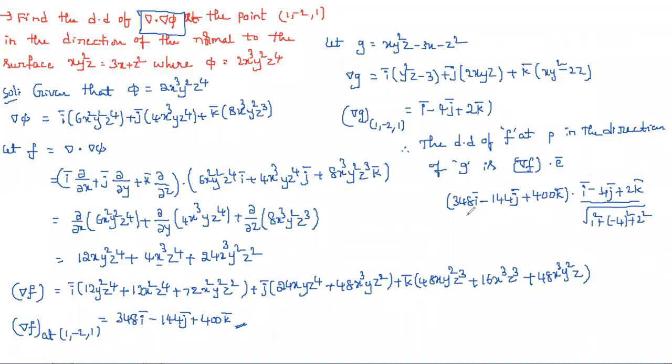Now you can multiply the terms: 348 into 1, minus 144 into minus 4, and 400 into 2. So simply we'll get 1724 by the square root of 16 plus 4 is 20, plus 1 is 21. So this is the final answer.